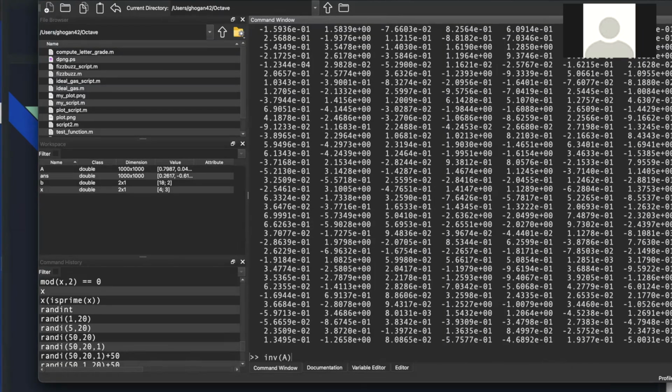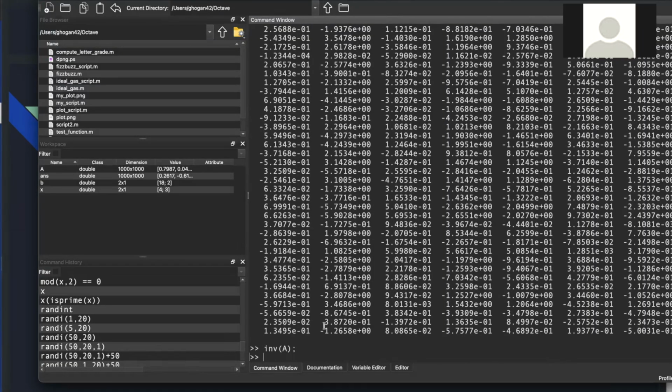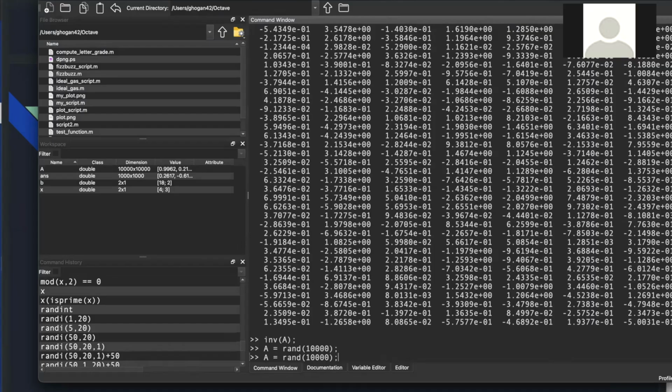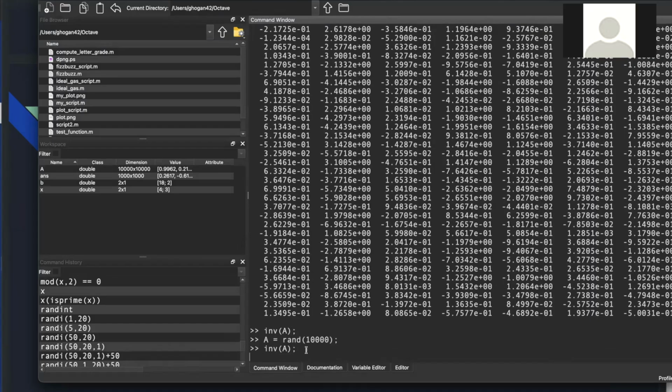So anyway, should have had a semicolon, and then it still happens basically instantly. We were only waiting for it to scroll. So if you do a 10,000 by 10,000, that's a very big matrix. And if I do the inverse now, this is not instant, right? So 1,000 by 1,000 was very quick, but for a 10,000 by 10,000, it was not quick.